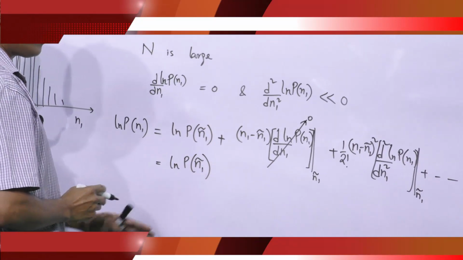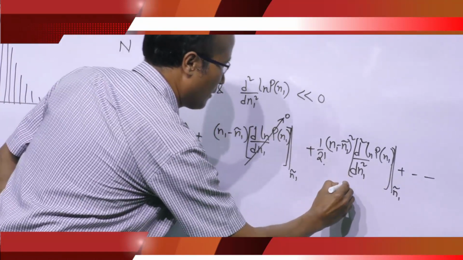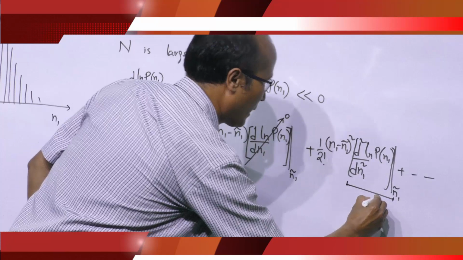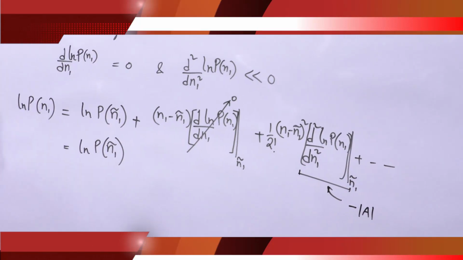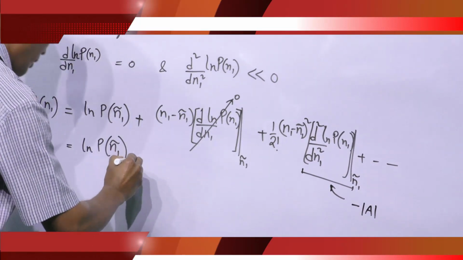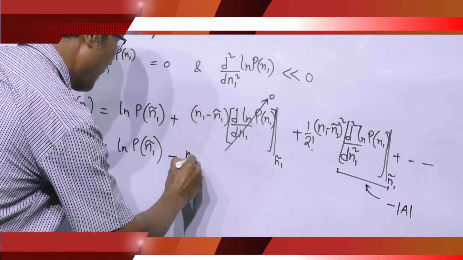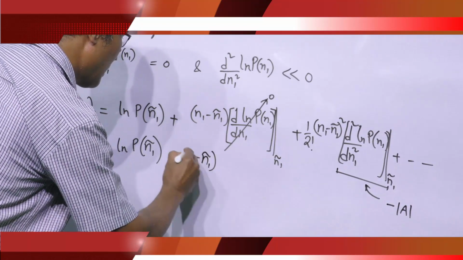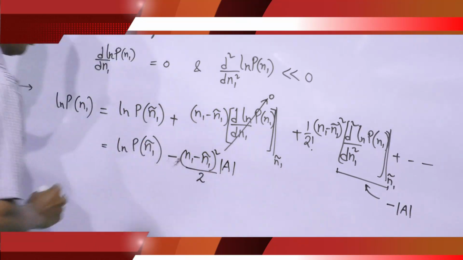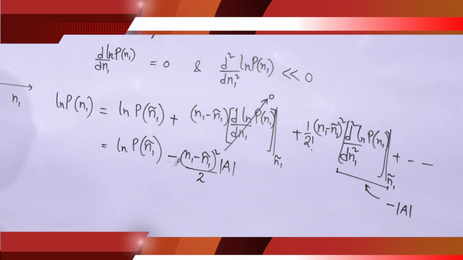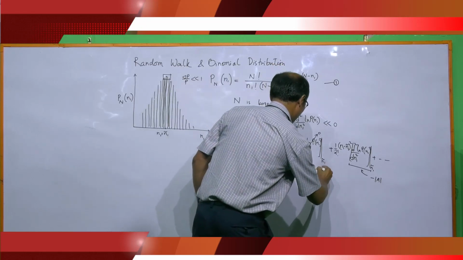and again, because this term is negative, we can write it as minus modulus of A. So we will have plus, minus (n1 minus n1 tilde) squared times modulus A divided by 2. Let's call it equation number 1, and this is equation number 2.